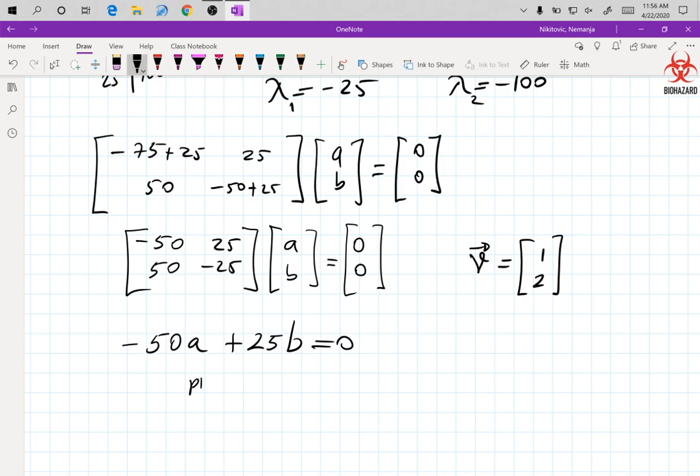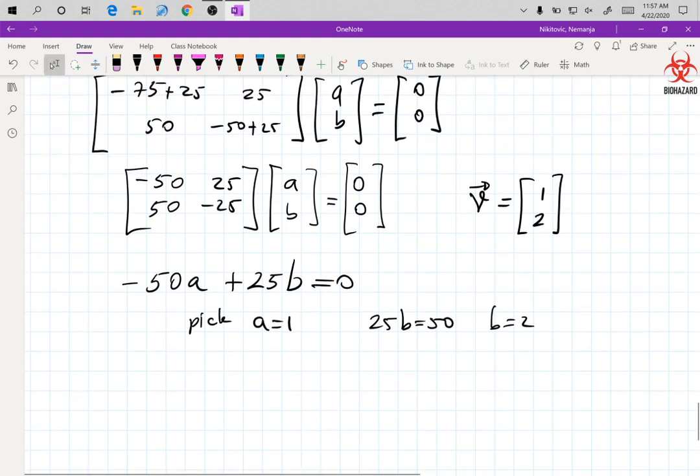Now you pick A equals 1, you get 25B equals 50, and B equals 2, right? It was obvious that negative 50 plus 50 would be 0. You immediately have your eigenvector. So we have our first eigenpair.